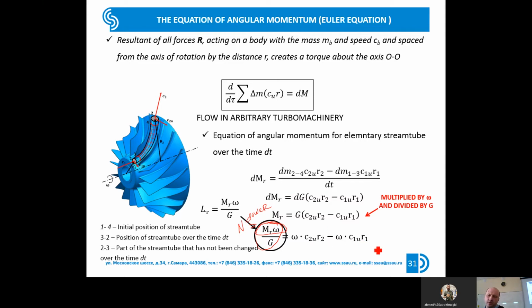At the left part, yes, it's the change of angular momentum. Yes, but you could simplify this equation if you remember one formula from school courses. Because we use another letter.